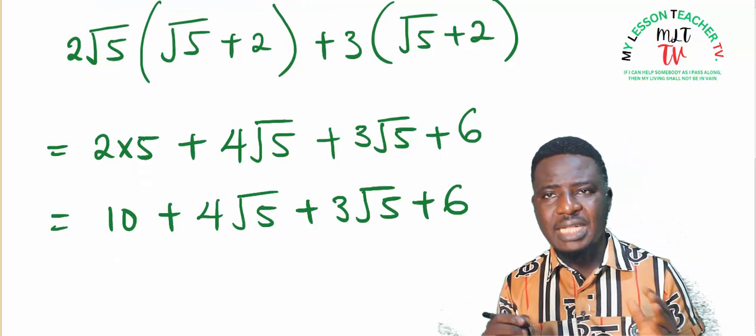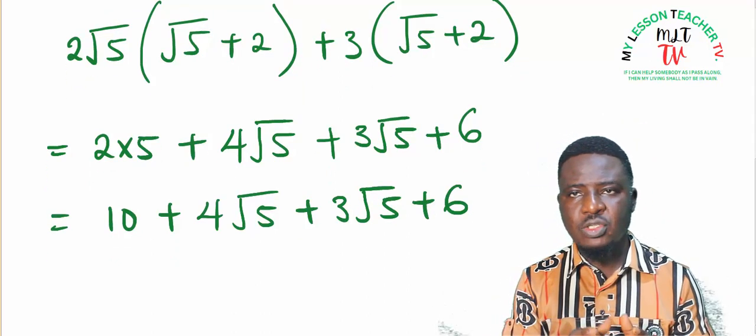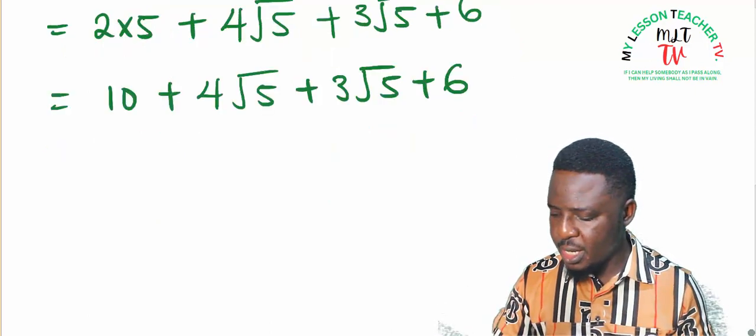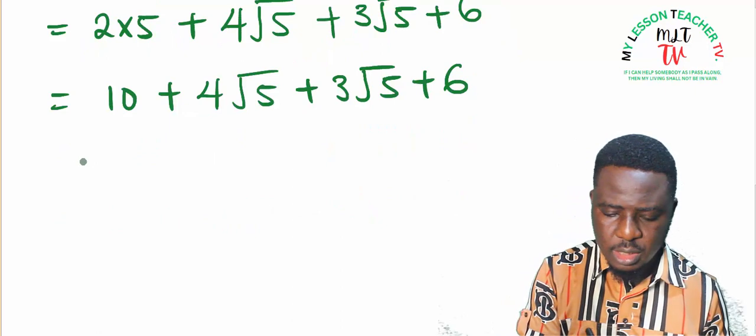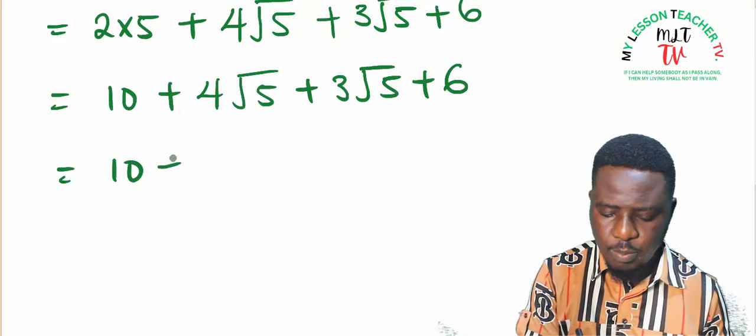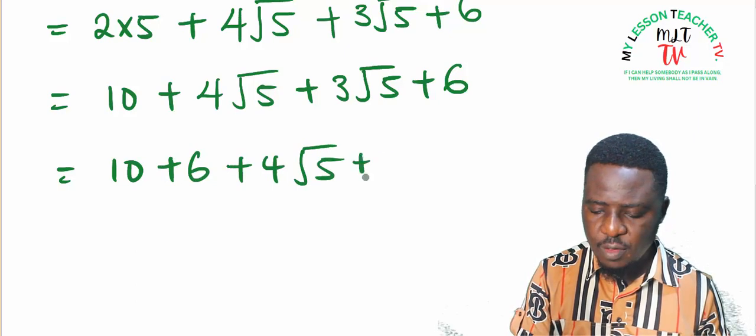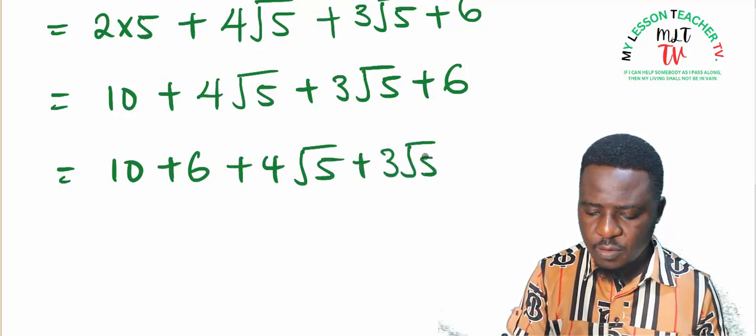We shall then collect like terms. Rational numbers are added together, while the irrational numbers are added separately. And this gives us 10 plus 6 plus 4 root 5 plus 3 root 5.